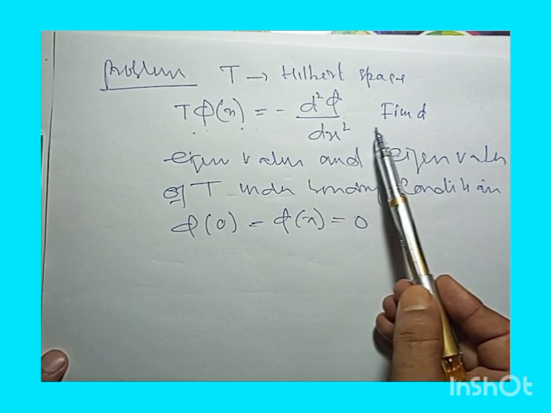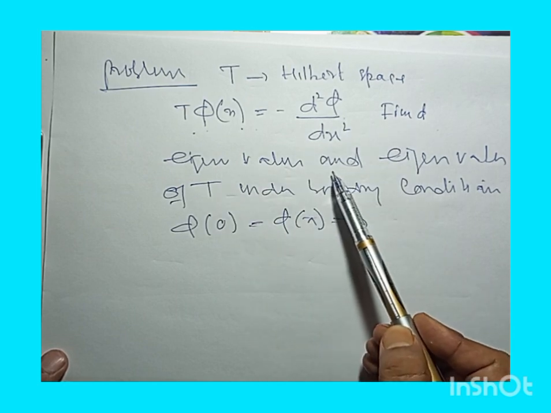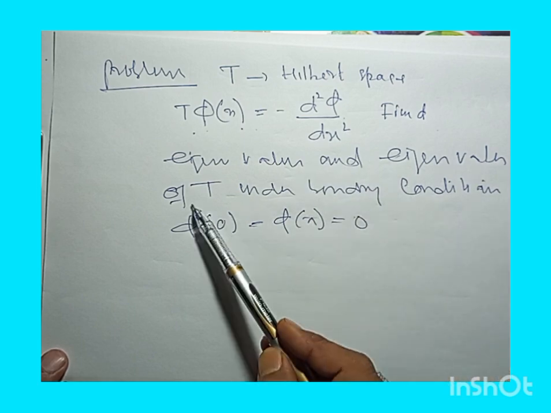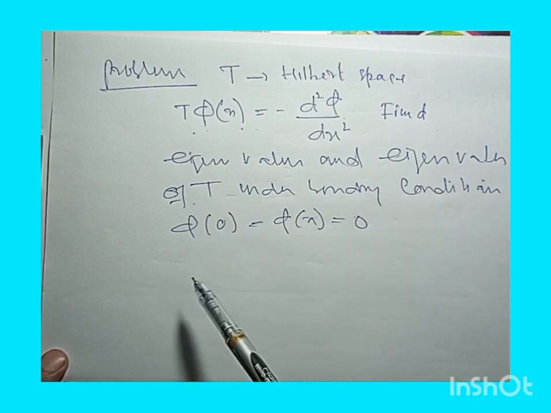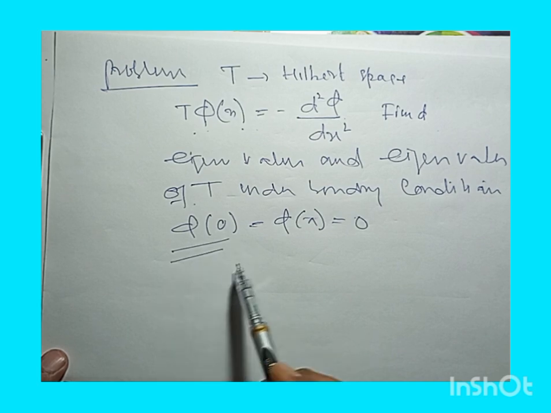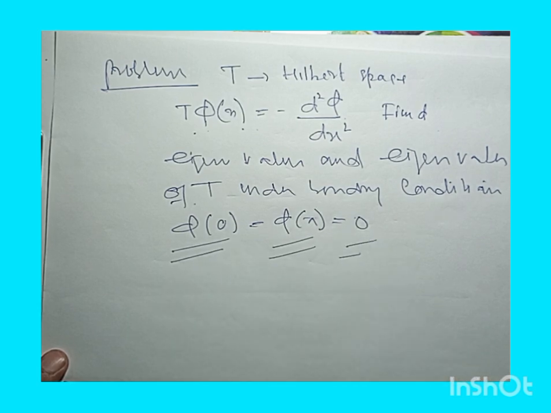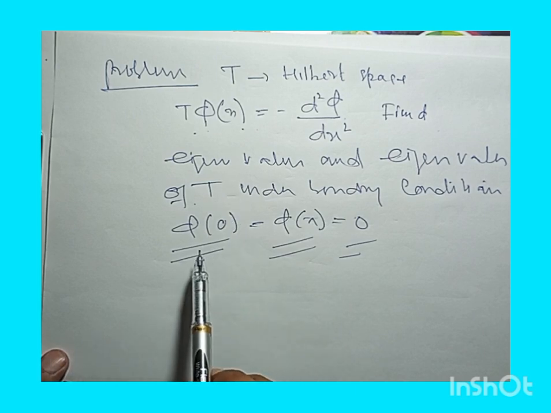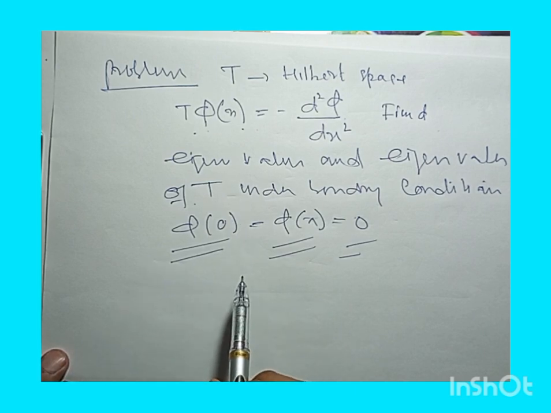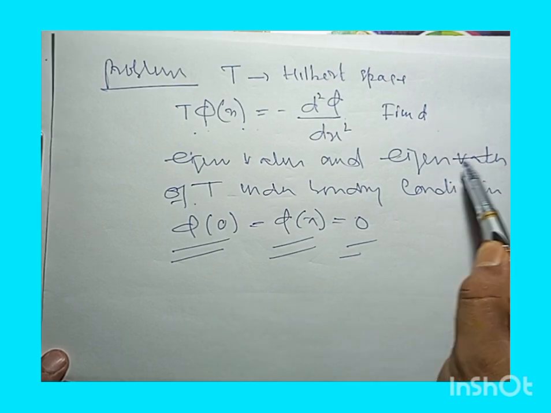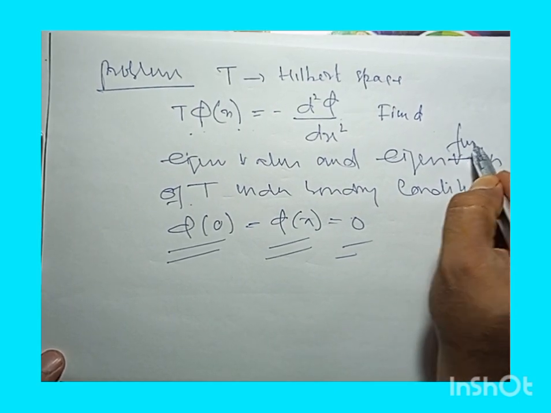We have to find the eigenvalues and eigenfunctions of T under the boundary conditions phi of 0 equals phi of pi equals 0. I think I have wrongly written eigenvalues two times here. This must be eigenfunction.